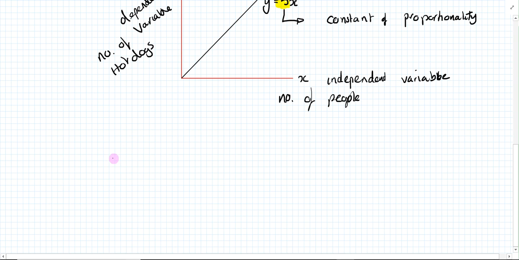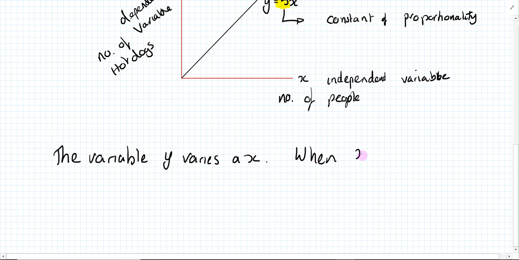Now, if I go through another type of question, I can say the variable y varies directly as x. And we could say when x equals 4, y equals 10. So we've got that statement.